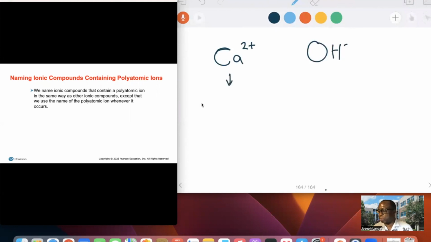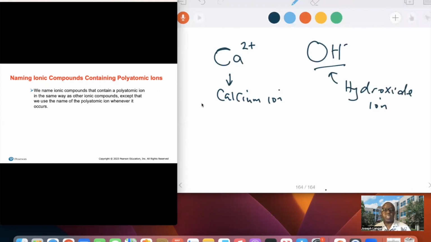This is the calcium ion, and this is the hydroxide ion. If I use the crossover rule just the way we did before, don't worry about doing the summation of the charges. The 1 will come down there, and the 2 will come down there. This is where you use the parentheses.